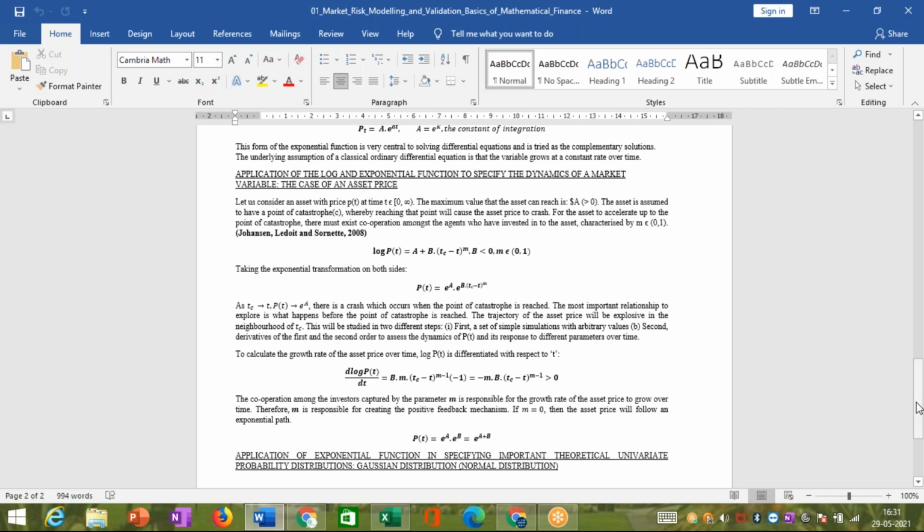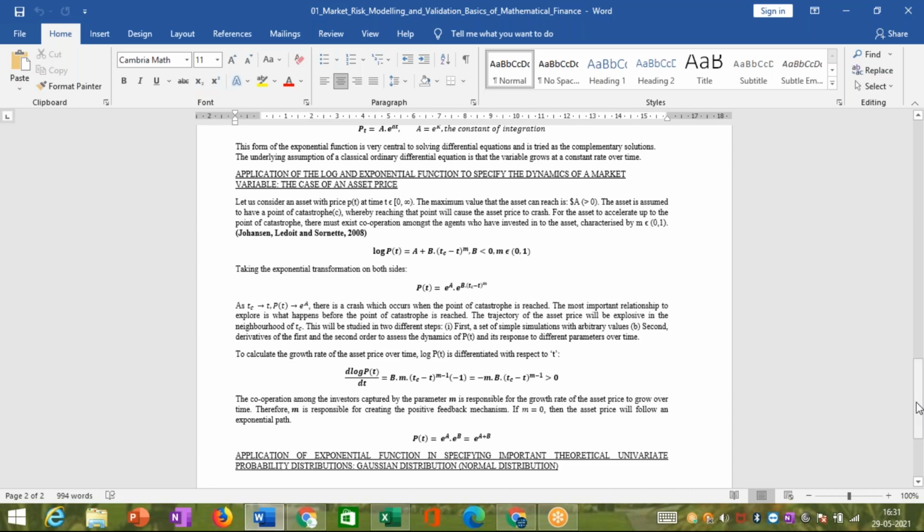Okay, so now there is another very important application of this exponential function in statistics, and that exponential function is used extensively in different areas of model development, especially for market risk model development.